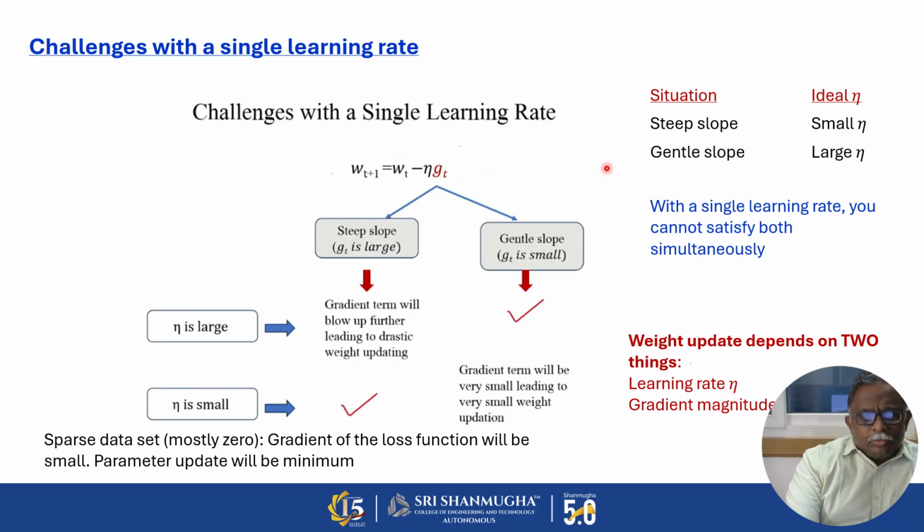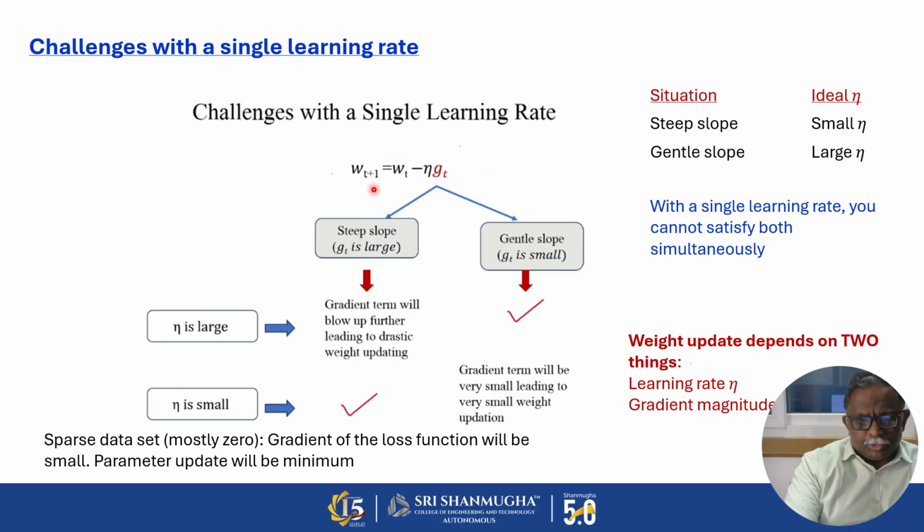Before going to this, we should understand that in both gradient descent and momentum, we use a single learning rate. Okay, so what is the advantage of using a large learning rate and a small learning rate? This is the gradient descent approach.